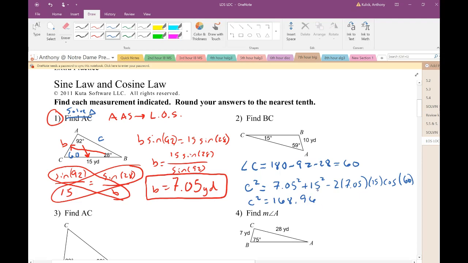But what if I solve for C? I want just C, so I'm going to square root both sides of that. And I get basically 13.00.